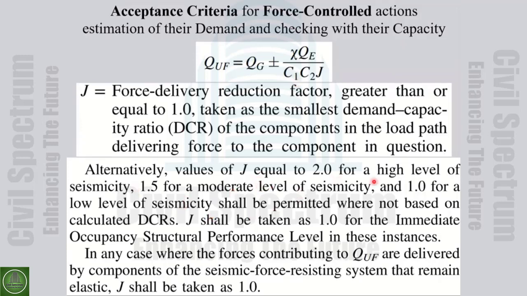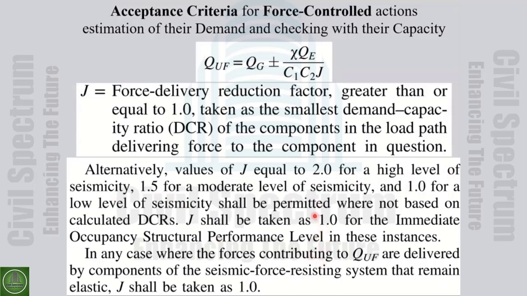Or a simpler way depends on the region. For example, it says to assume 2 for high level of seismicity, 1.5 for moderate level. Anyhow, all of these are approximate. None of them are accurate.